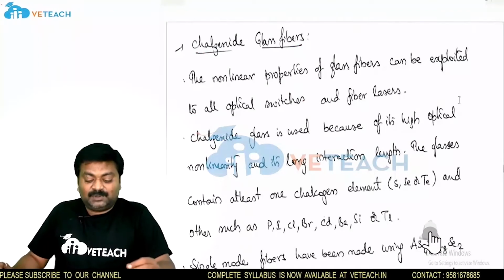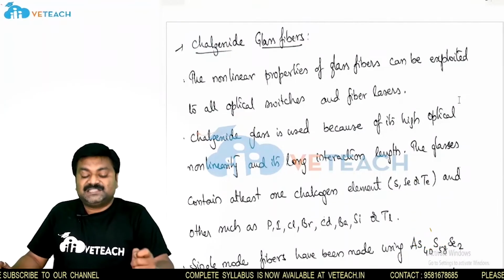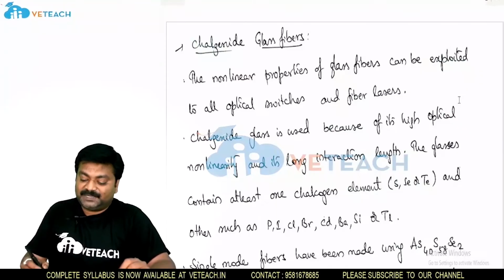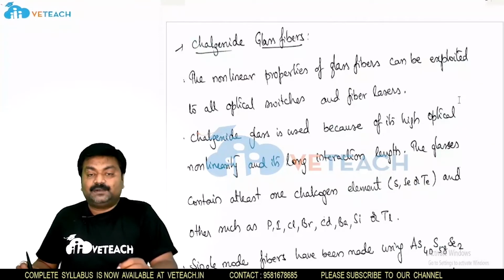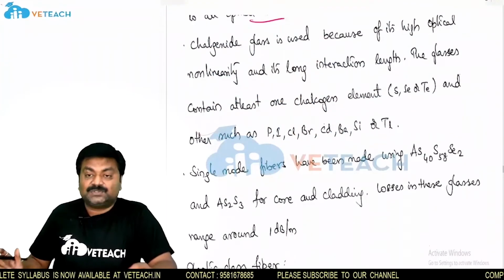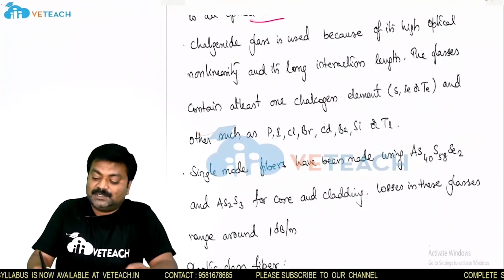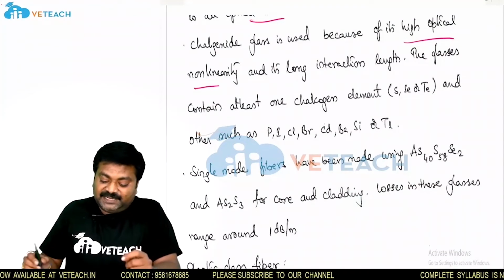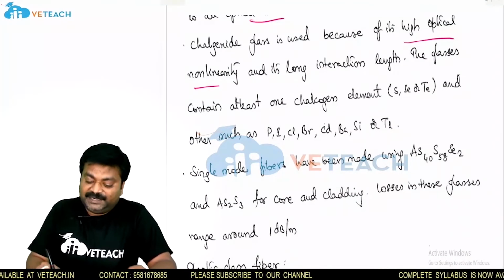One more glass fiber type is chalcogenide. In these chalcogenide glass fibers, the non-linear properties are exploited for optical switches and fiber lasers. These glasses are used because of their high optical non-linearity and long interaction length.